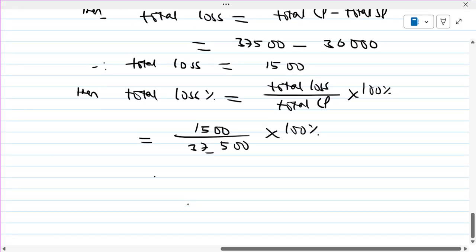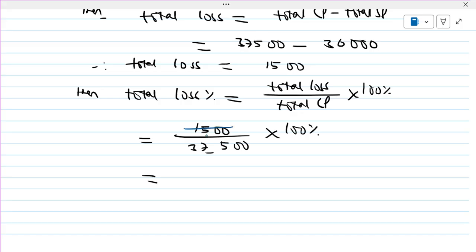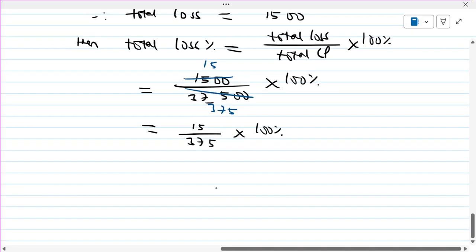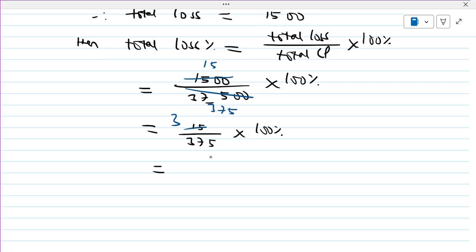So here first we cancel by the 100, is it? 15 times, and down 375 times. So you get 15 divided by 375 into 100, and these 15 and 375 we can again cancel with 5. So 5 3s are 15, is it? 5 7s are 35, and 5 5s are 25, is it?